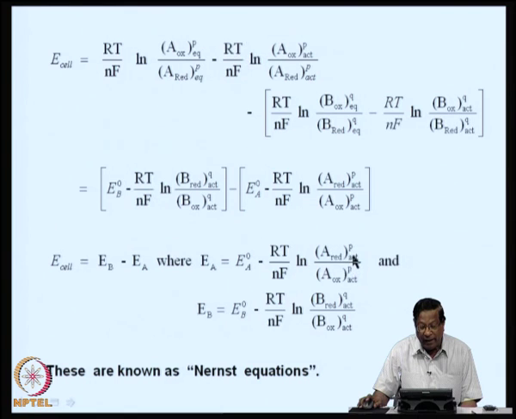This concentration term actually refers to activity. Similarly, we have written for B. Now, these equations, where E A is equal to E naught A minus RT by nF ln of A reductant by A oxidant, with the moles of P and the activity coefficient, are known as Nernst equations. This we have covered in the last class.